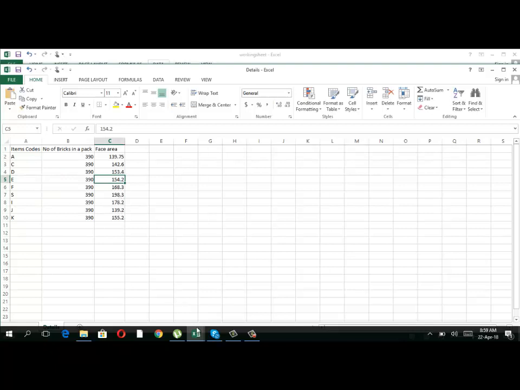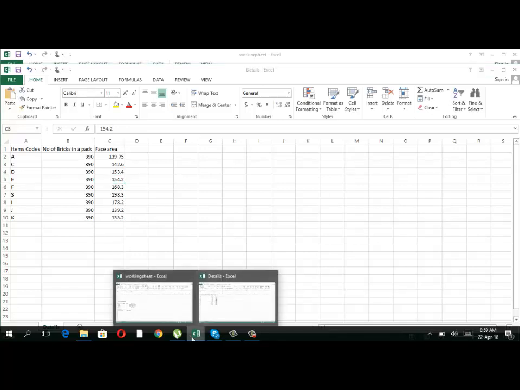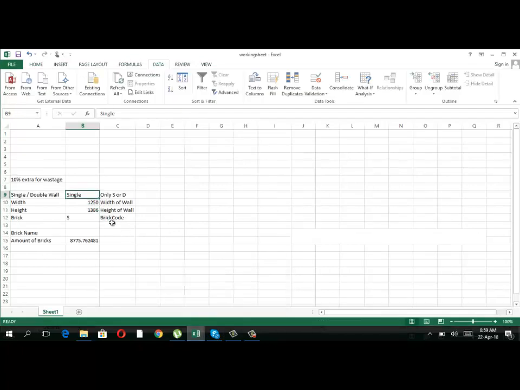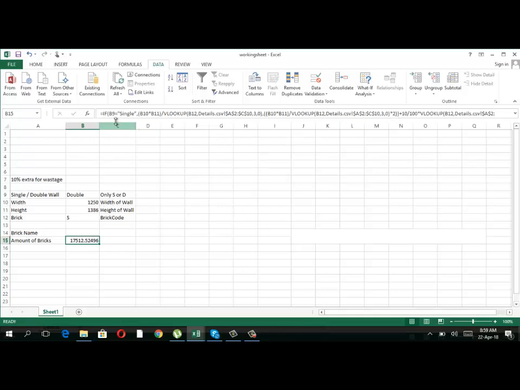So I'll know the total number of bricks that will be required. Simple maths. If it's double, the question said that if I write double over here, then obviously I will be multiplying it by 2.